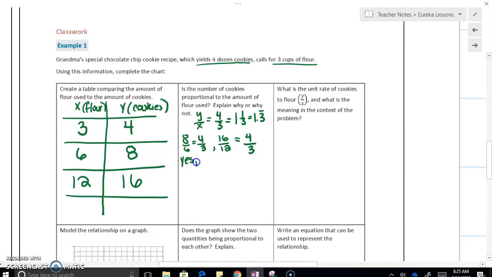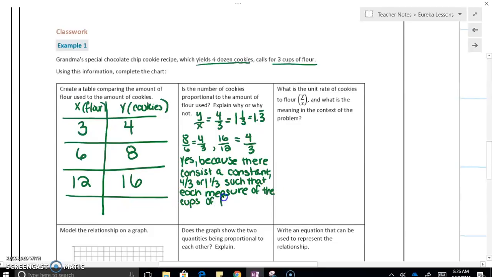So go ahead and write this statement. Yes, because there exists a constant multiplied.